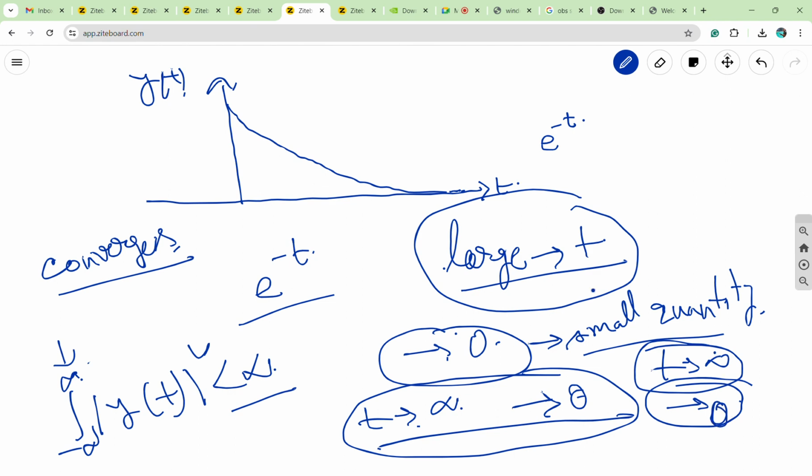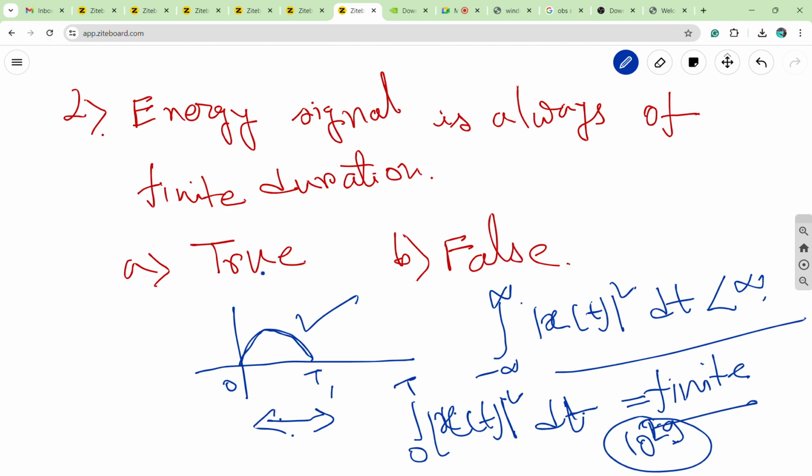It is zero at that time. So it is finite at t equal to infinity. But the signal is not of finite duration. It goes to infinity. So that's why this kind of signal can exist, and that's why here I should say it is false.